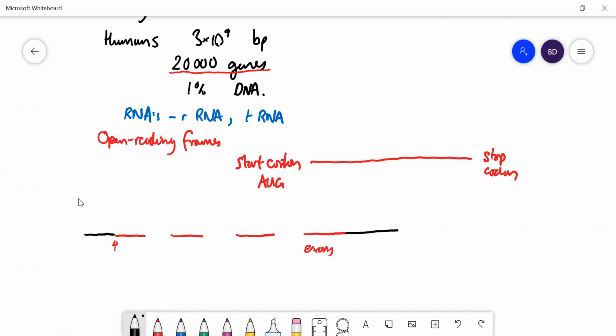But in between those exons, there are regions in blue, which are called introns, and those sequences don't make their way into the final messenger RNA and the protein.